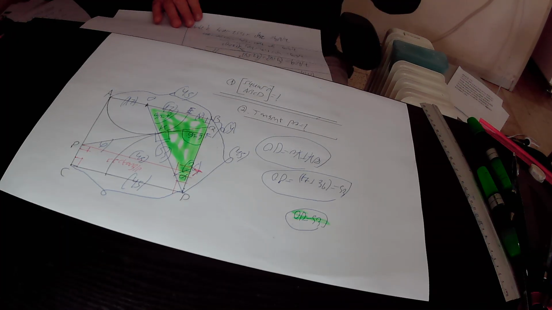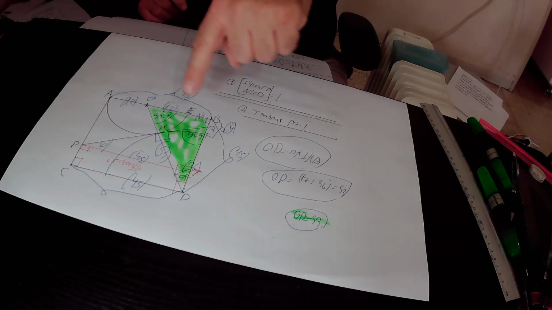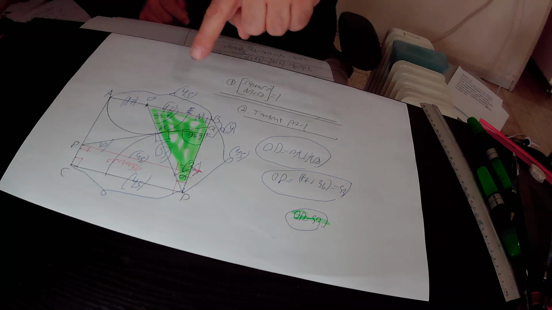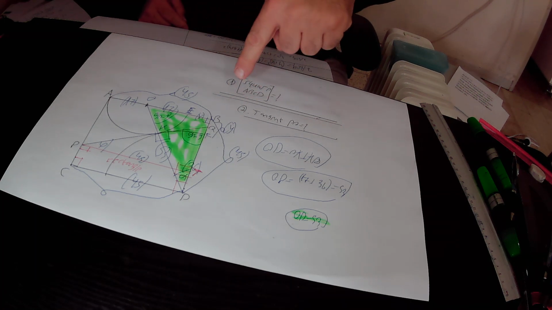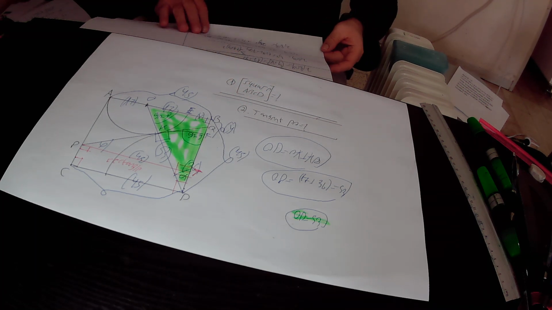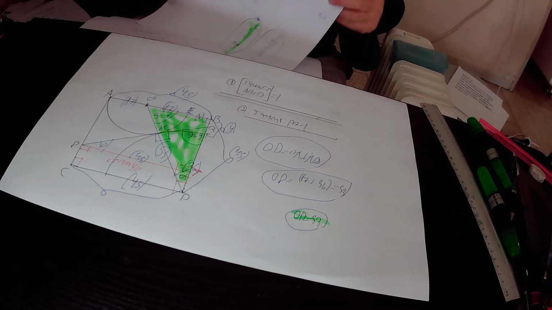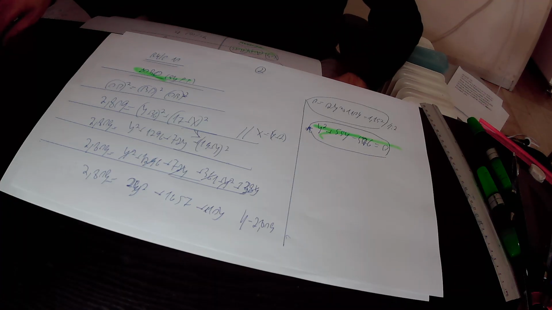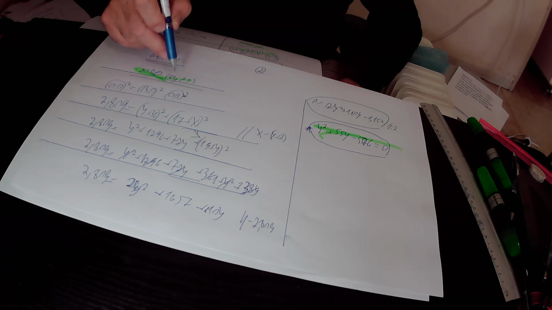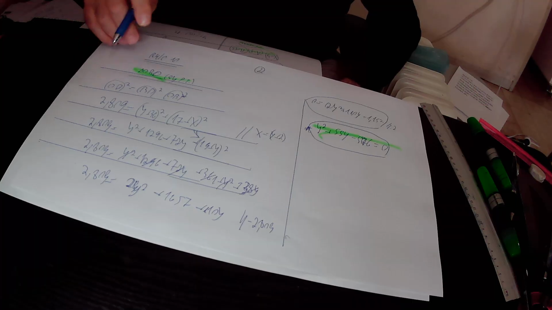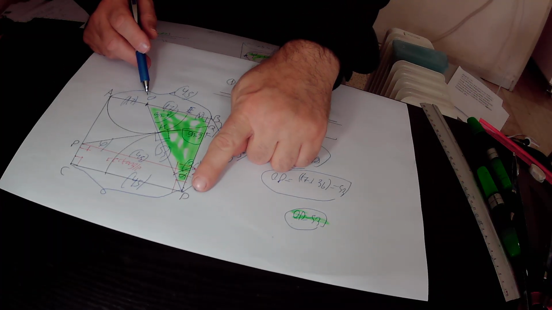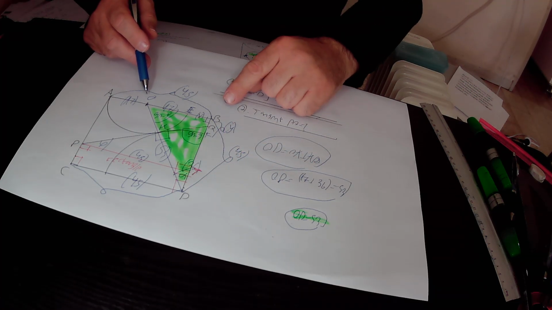According to the Pythagorean theorem on triangle OBD, OD squared, that is the square of the hypotenuse, equals OB squared plus BD squared. OD equals 53, therefore OD squared is 53 squared, that is 2,809, plus OB squared.